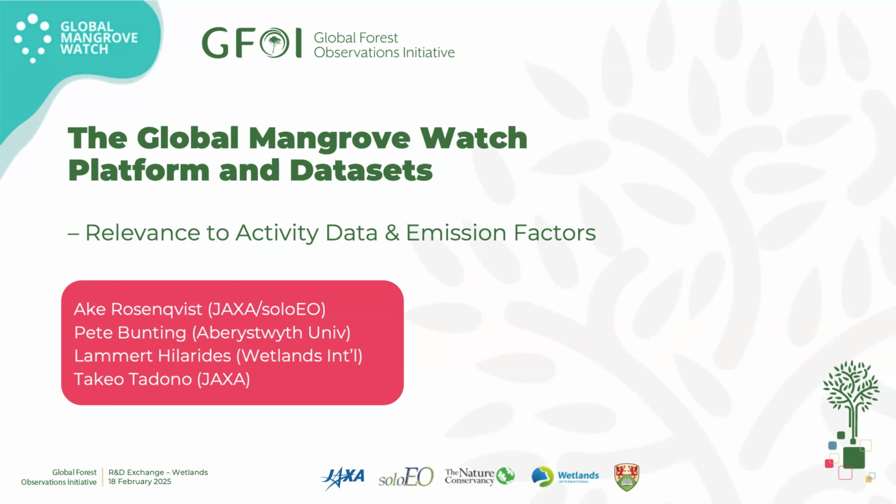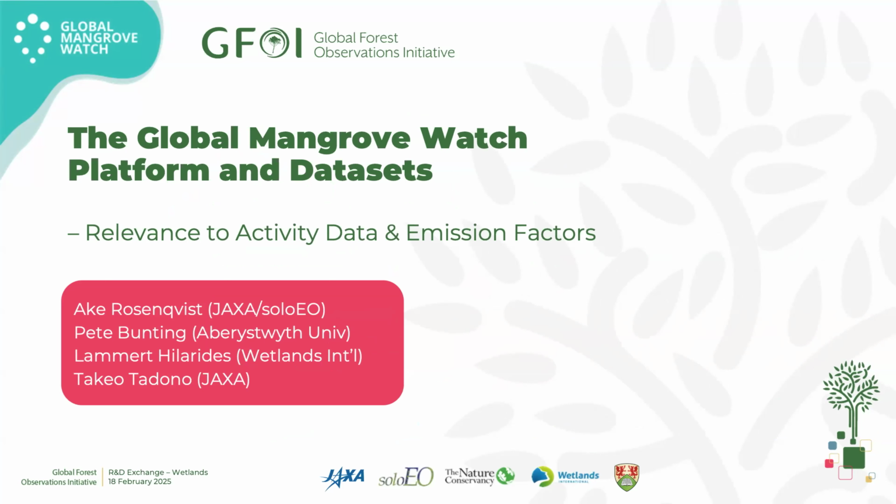So my name is Åke Rosenqvist, and I represent the Japanese Space Agency, JAXA, and the Global Mangrove Watch Consortium, with my colleagues Pete Bunting, Lambert Hilarides, and Takeo Tadano.